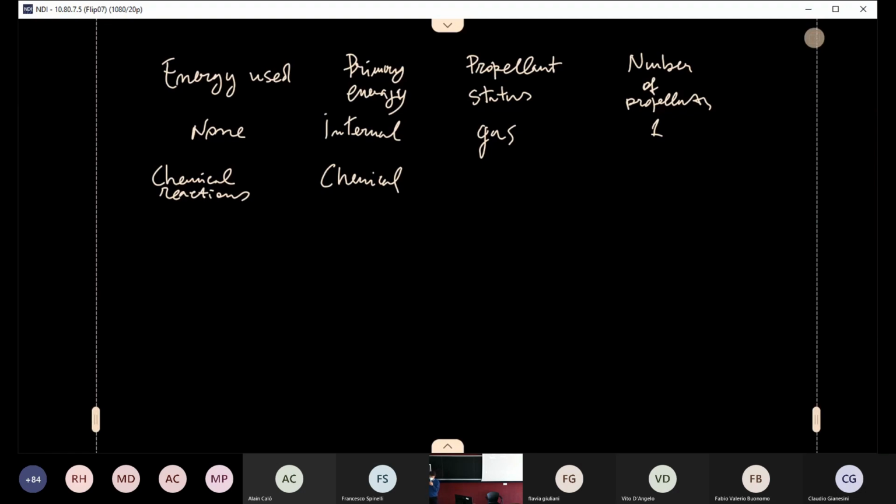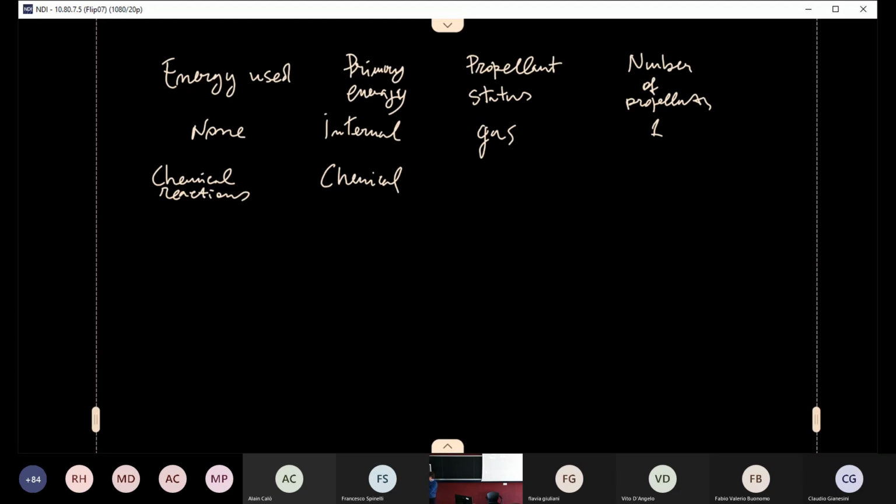Of course, here the primary energy has the goal to generate enough internal energy to be exploited in the conversion from internal energy to kinetic energy. So here we are talking about thermal rockets, meaning the different ways of providing internal energy to our working fluid.